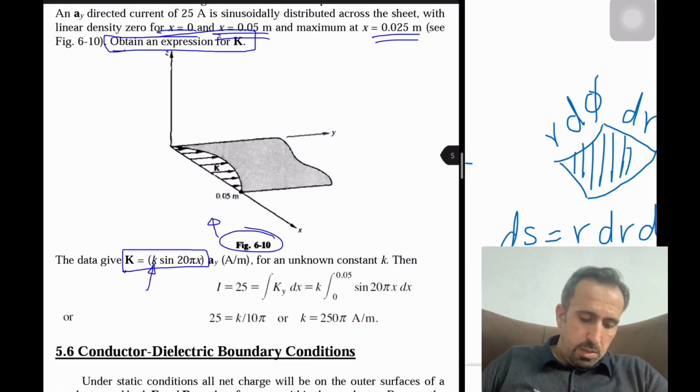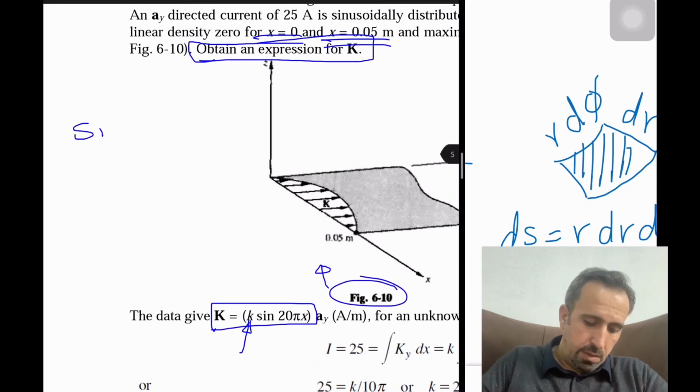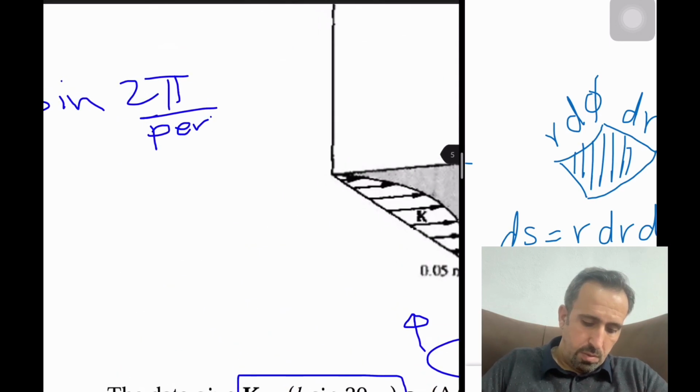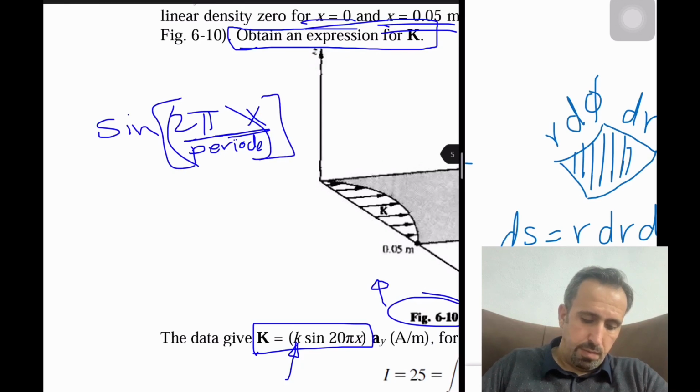So from those you can write sine 2 pi over the period, multiplied by x. All of this is the angle.